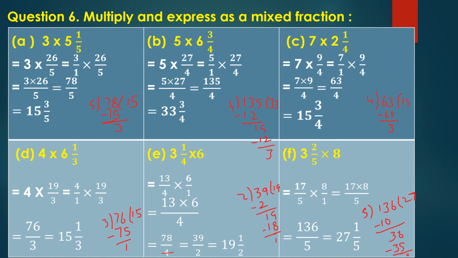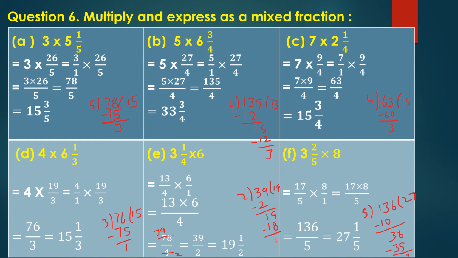Therefore the answer can be changed into 39 divided by 2. Okay, now this is to be changed into a mixed fraction. Therefore 19 1 by 2, because 2 into 19, 38, 38 plus 1, 39, 39 by 2.